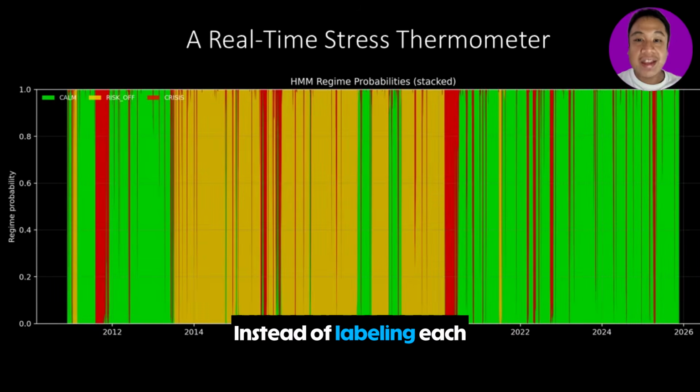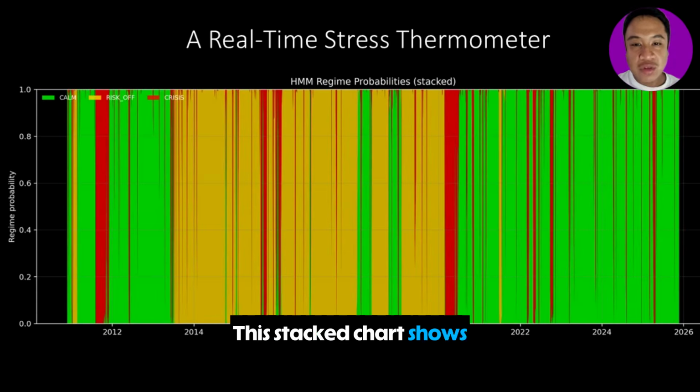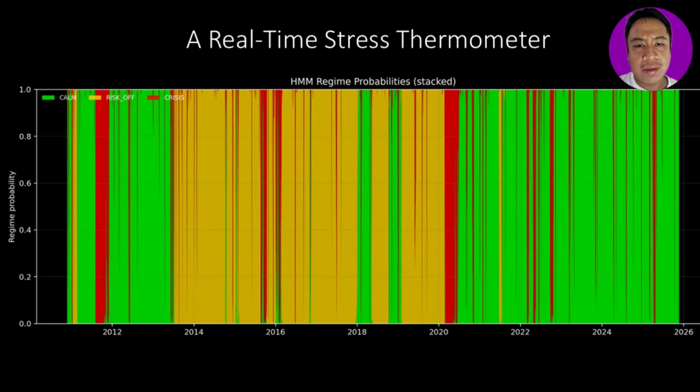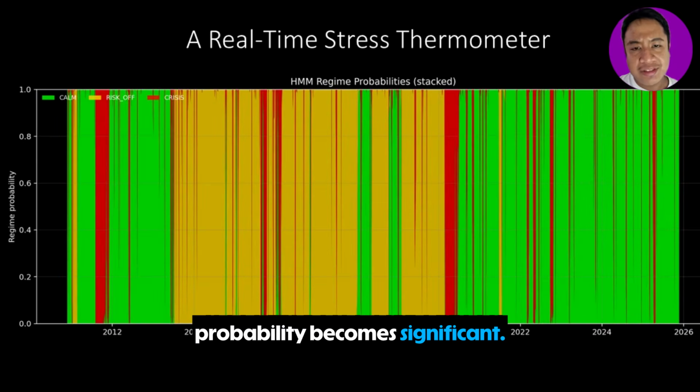Instead of labeling each day rigidly, HMM also gives us probabilities. This stacked chart shows how confident the model is that each day belongs to each regime. When green dominates, the market is extremely calm. When yellow starts rising, we are gradually shifting into risk off. When red spikes, crisis probability becomes significant.